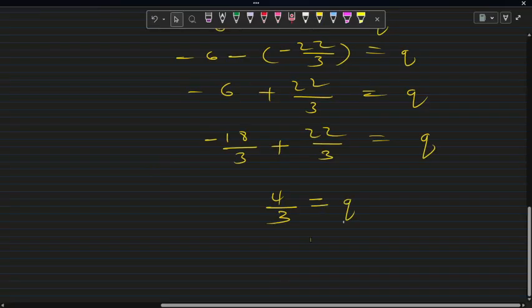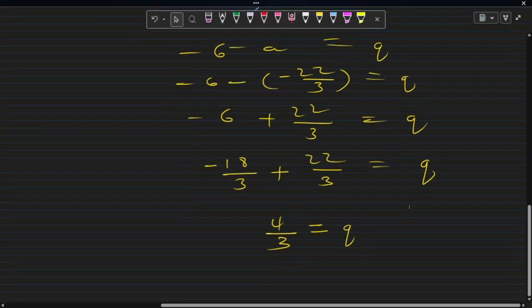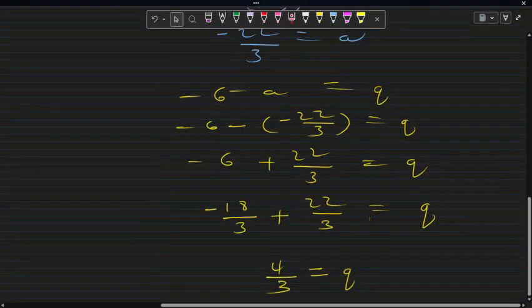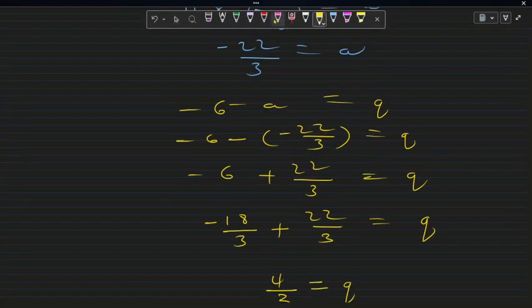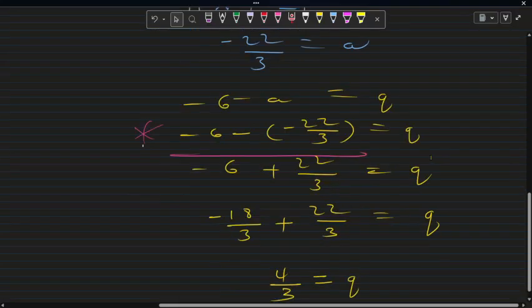Okay, so q is equal to positive 4 over 3. Okay, so this is the value of q. And by the way, if you prefer, you can just plug all of this into your calculator at this stage, and by that you can find the value of q. I just like working with fractions like this.